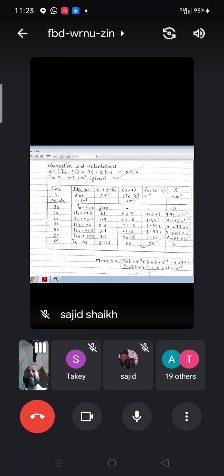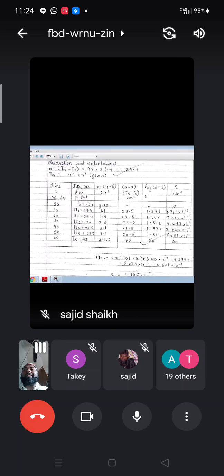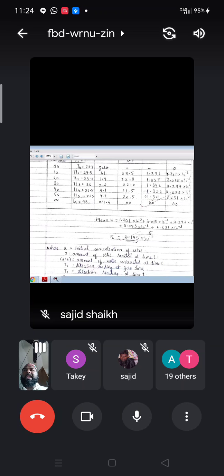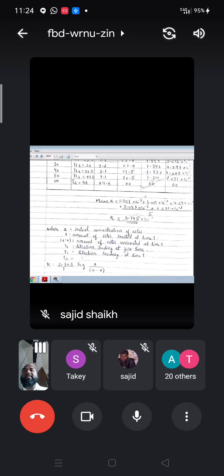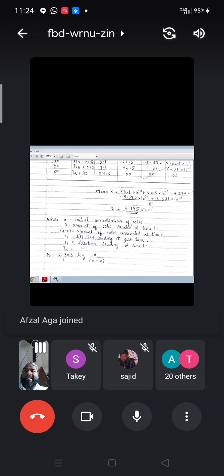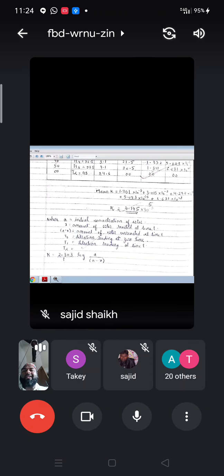And then you can calculate log (a minus x). That log (a minus x) you can use for the calculation of K. Then we will get 5 different K values. We will take the mean. Here the formula for K is given: 2.303 divided by t, log to the base 10, a upon a minus x. You can substitute the values and calculate K. You can try it. Okay.